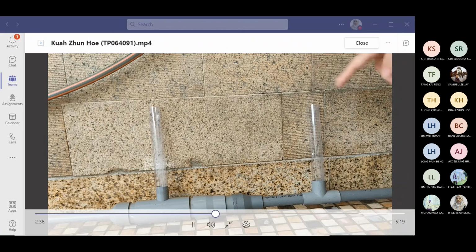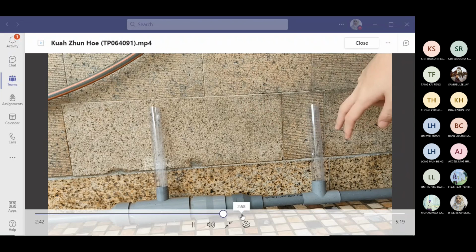the velocity will be changed. Because of the friction force, the water will flow slowly throughout the whole prototype.